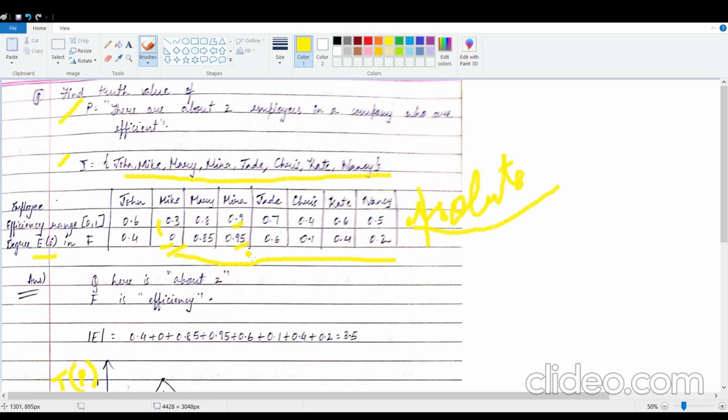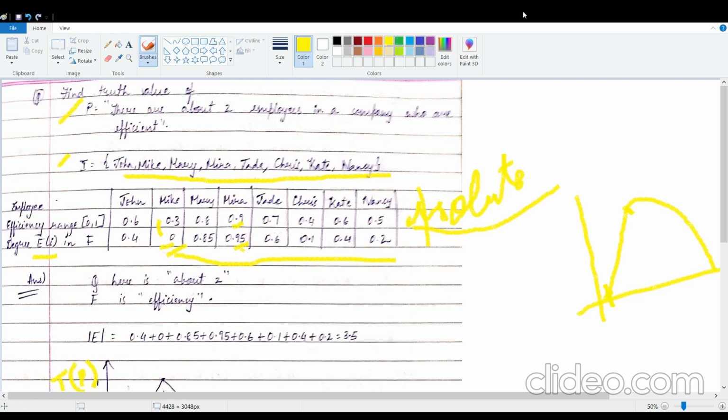There's someone definitely higher than Mira, but there are not many people greater than Mira, and that is the reason she gets a 0.95. If you put it on a graph like this, Mira would be lying somewhere here, and maybe Mike somewhere over here. So that is what these values are all about.